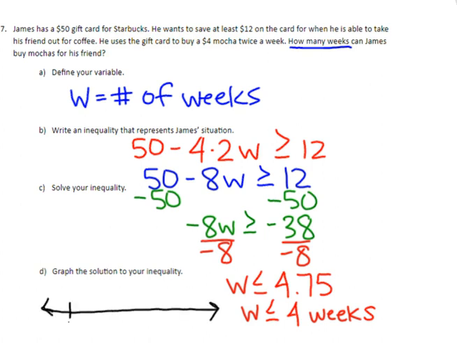So 0, 1, 2, 3, 4, 5, and he can't have negative weeks, so basically he's going to have dots at 0, 1, 2, 3, and 4. I do see how time could be considered also continuous, but since our variable is representing number of weeks, we're just going to be looking at the whole number of weeks.